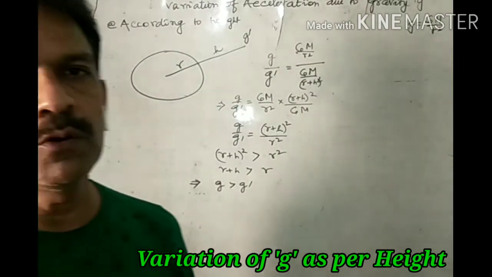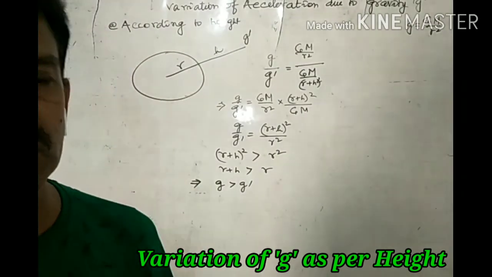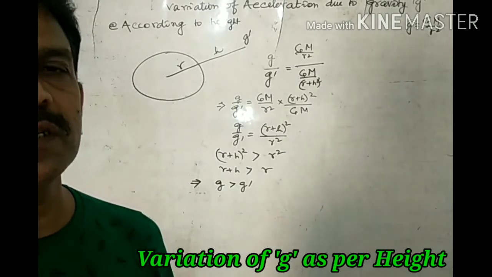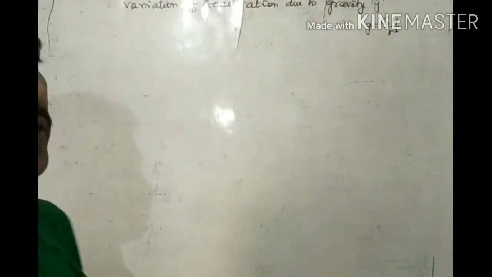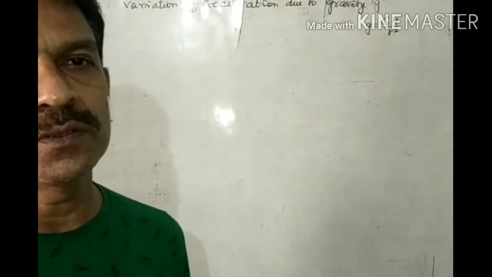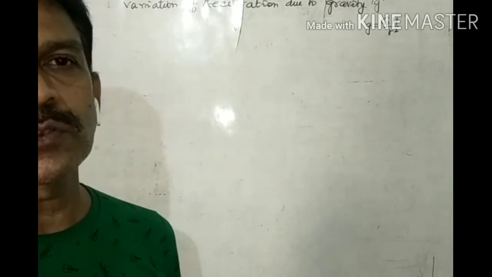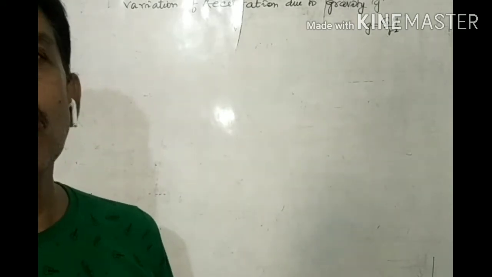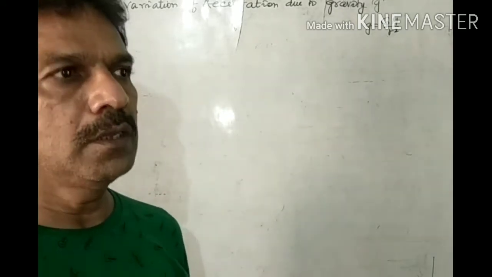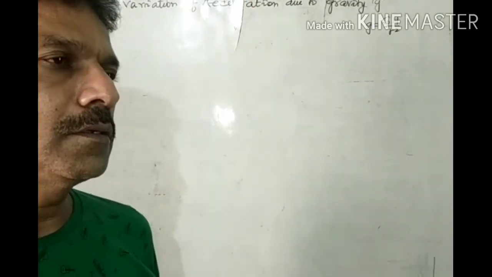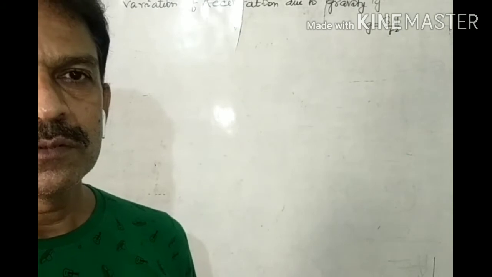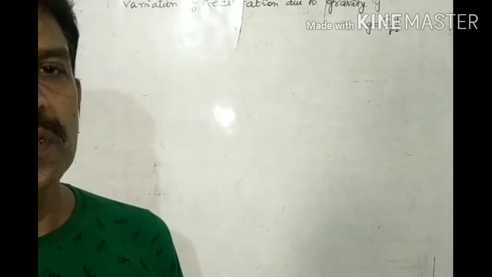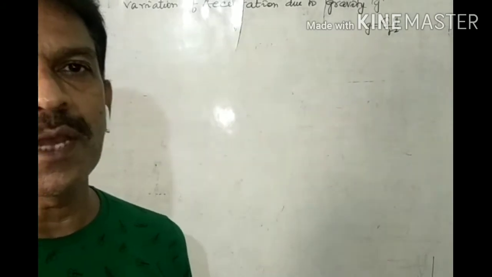That means when we go above at certain height h, the value of acceleration due to gravity decreases. We are studying how acceleration due to gravity varies according to certain points. First point was according to height, and we saw that the acceleration due to gravity decreases with height.